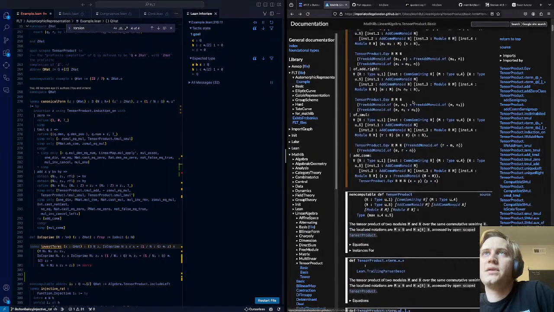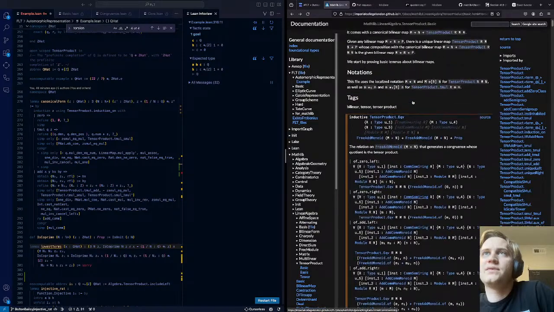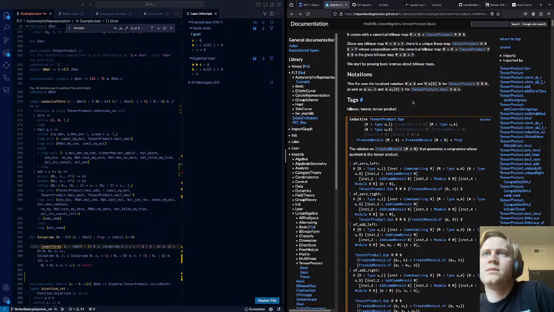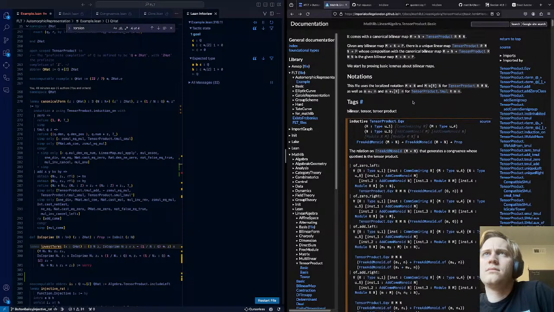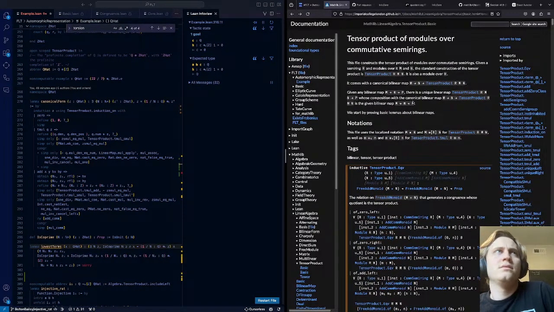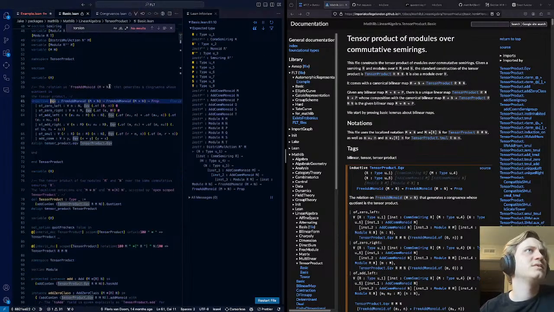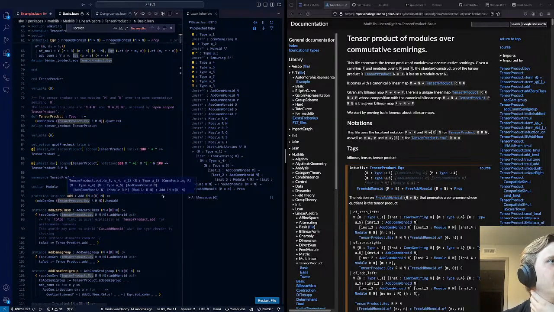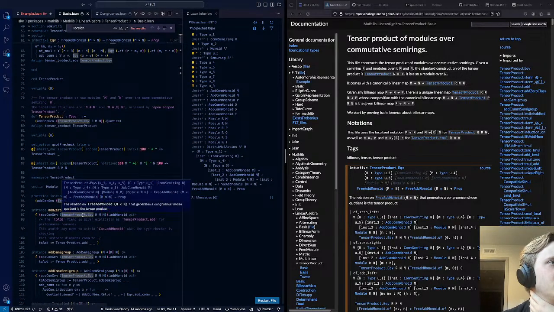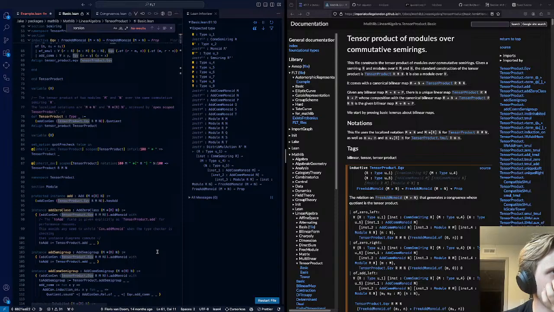Where is its monoid instance? Do the tensor product basic. Tensor product is defined here. Add is defined here. AddZeroClass. It should just be the empty list, right?